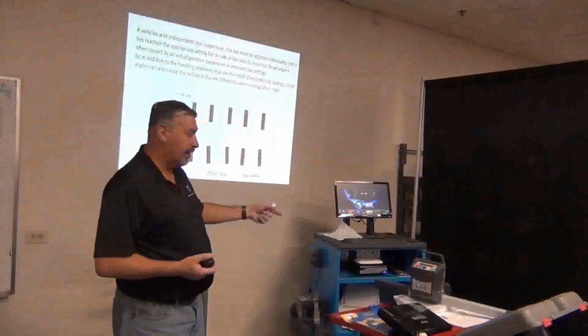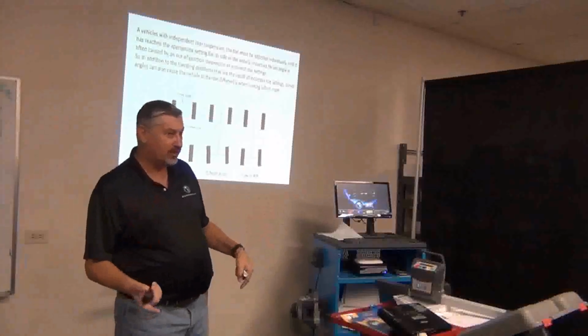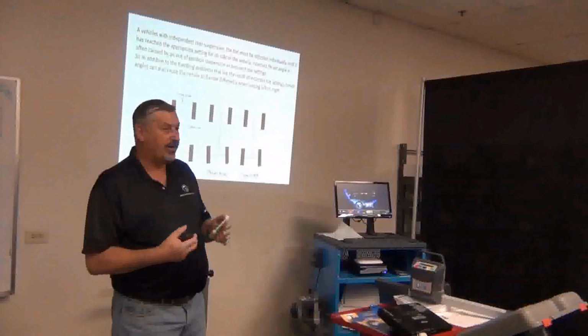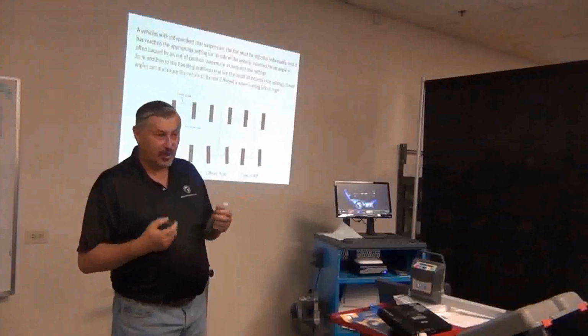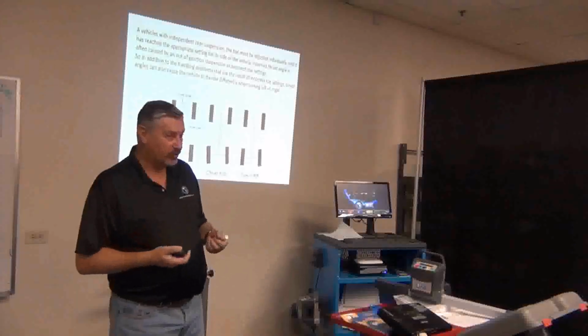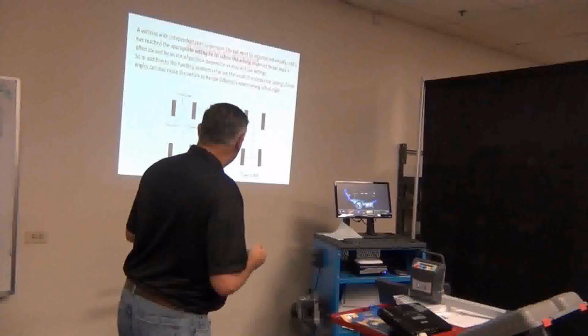But the machine will automatically carry out what we call the algorithm. It will add one side, subtract the other side, and you'll still get a straight steering wheel in spite of the fact that you have an offset emanating from the rear. The calculation is carried out for you. So you'll still get a straight steering wheel, that's what it's all about.